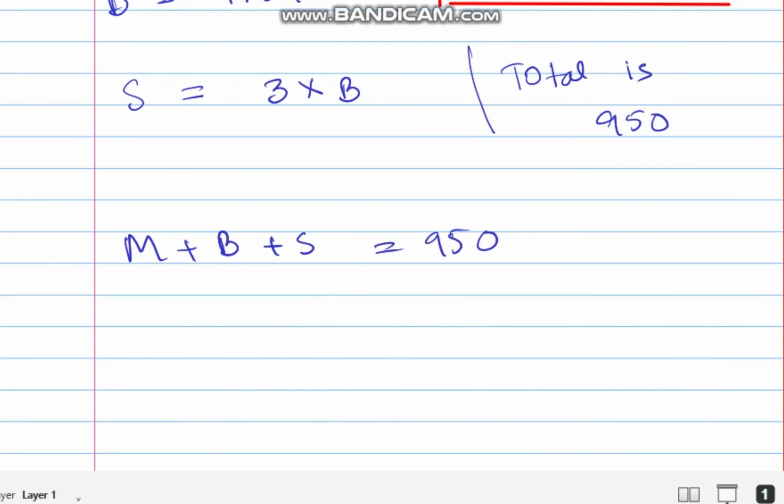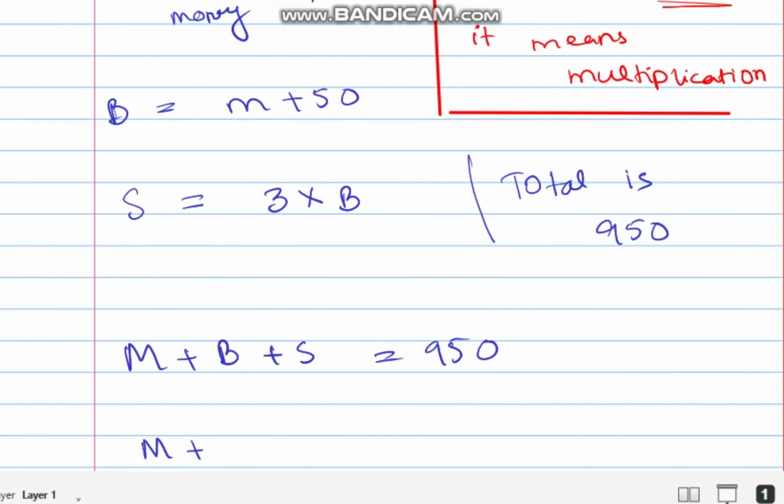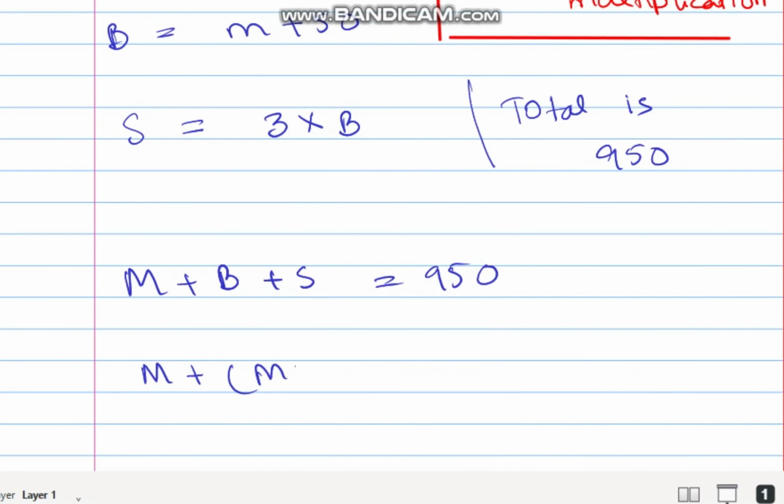Now, what is Matt's money? It is M, plus Barbara's money. We know Barbara's money is M plus 50, so I will put M plus 50 here instead of B. Plus, what is Sandra's money? It is 3 multiplied by B, is equal to 950.